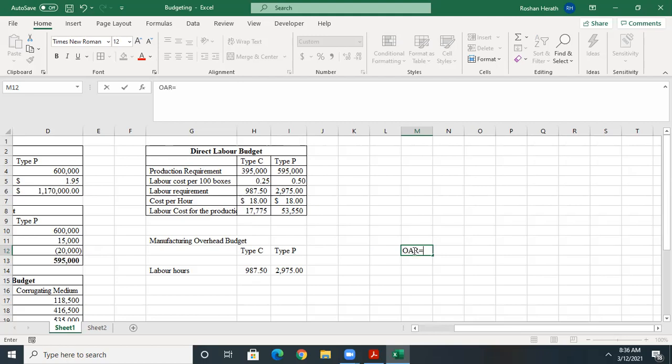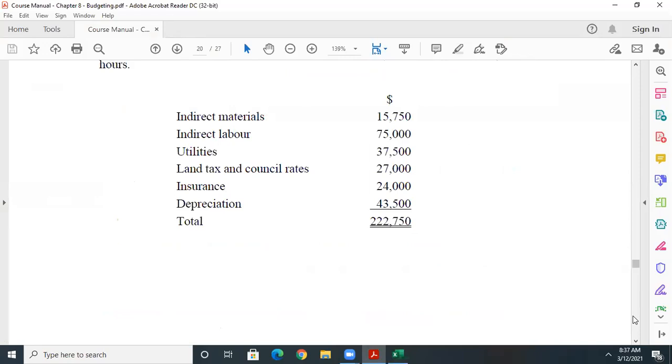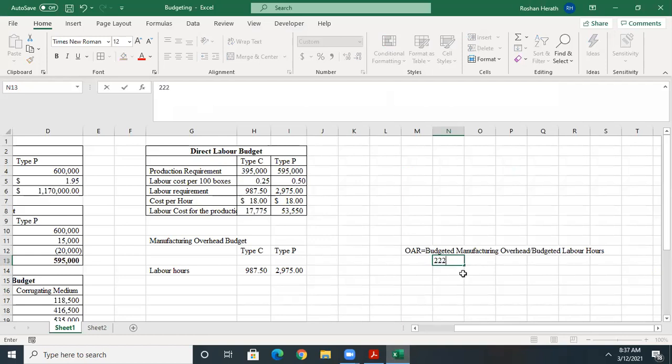And how do you get it? It's budgeted manufacturing overhead divided by budgeted labor hours. The budgeted manufacturing overhead, the question itself provides you with that. It's 222,750.